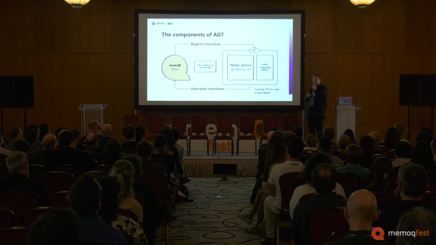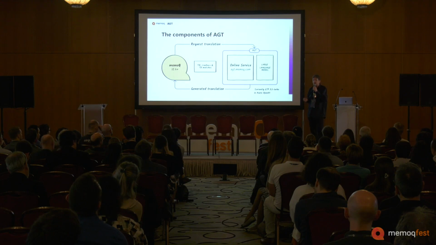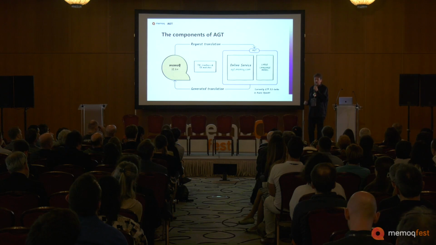We do not run the large language model ourselves. We use a third-party solution for this. So this is currently not GPT-4, but GPT 3.5 in Azure OpenAI with all the confidentiality guarantees that come with it, and basically get the translation and send it back to memoQ, which can then insert it into the document that you are pre-translating.